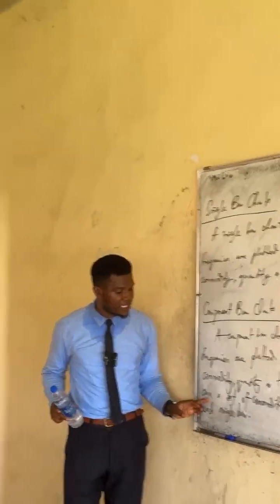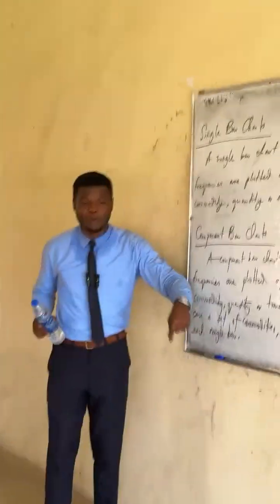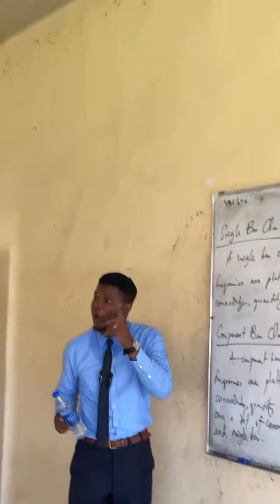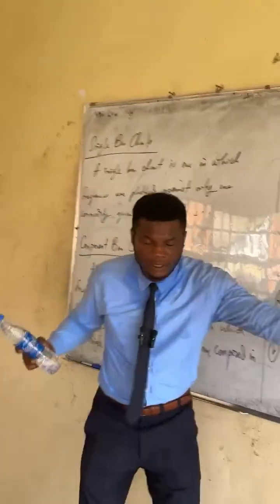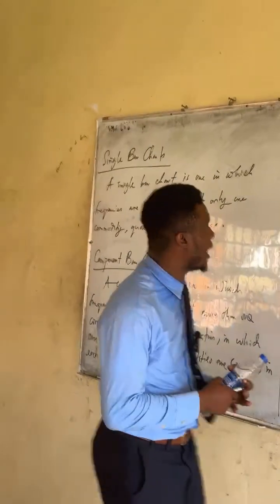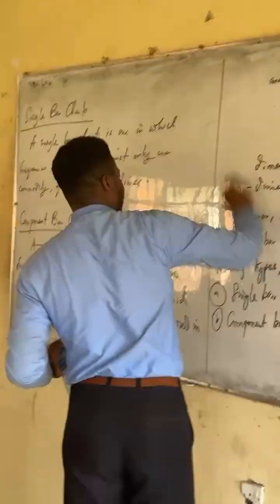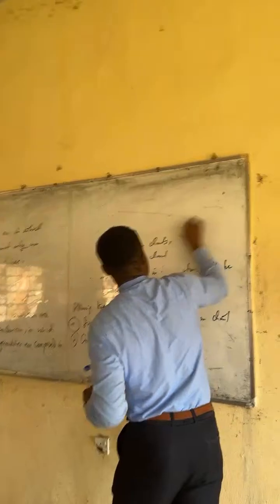In which case, a set of commodities or quantities are composed in one bar. This statement, composed in one bar, is what makes the component bar chart different from the multiple bar chart. Is it clear? Now we will see that. Let's take the last, let's take a statement under that same component. Should I dictate?